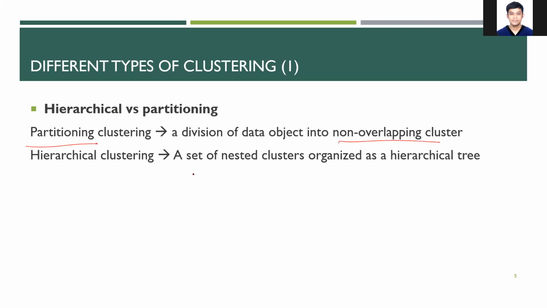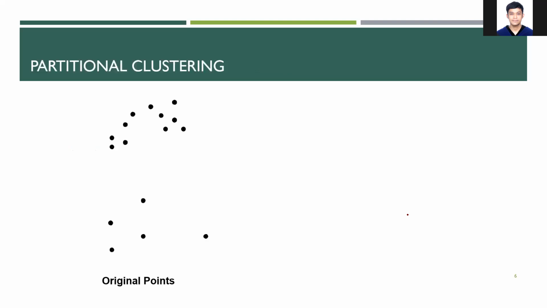Non-overlapping means that our data is divided exactly into a number of clusters, so no data belongs to more than one cluster. For hierarchical clustering, the result is a set of nested clusters, organized as a hierarchical tree.